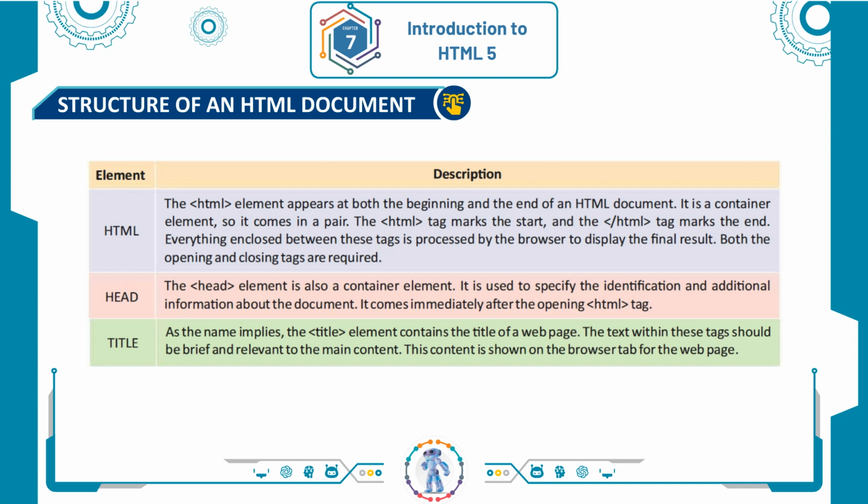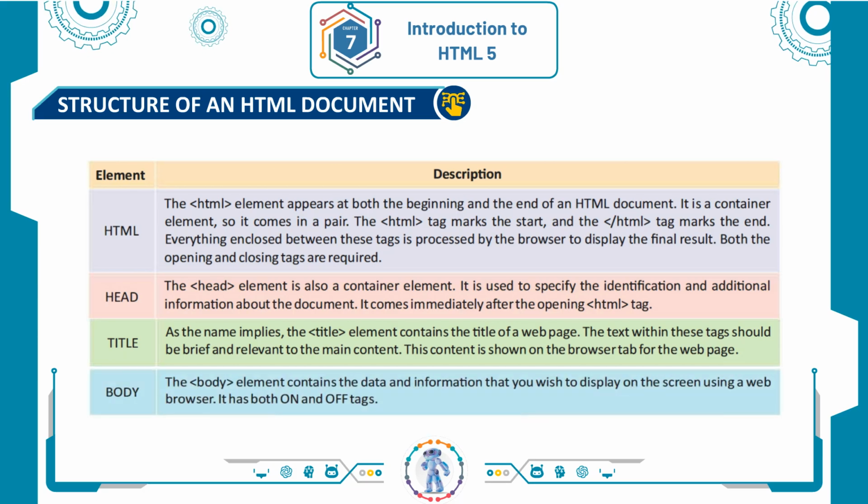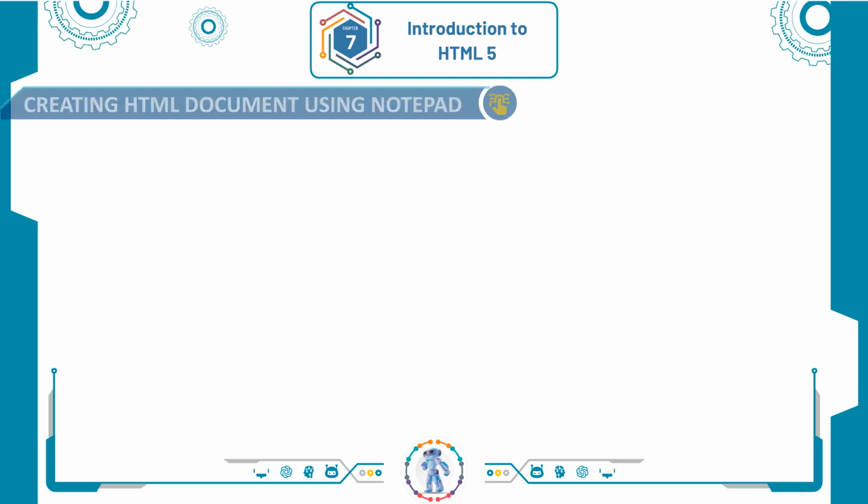The text within these tags should be brief and relevant to the main content. This content is shown on the browser tab for the web page. Body. The body element contains the data and information that you wish to display on the screen using a web browser. It has both on and off tags.